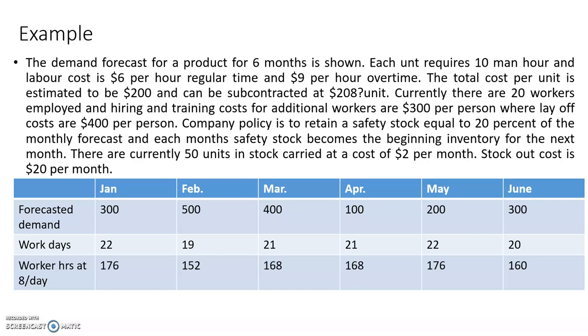The table here shows the forecasted demand for January to June, the work days for January to June, and the workers' hours per day for January to June. The workers' hours is gotten from multiplying the work days by 8, which is the work hours per day.